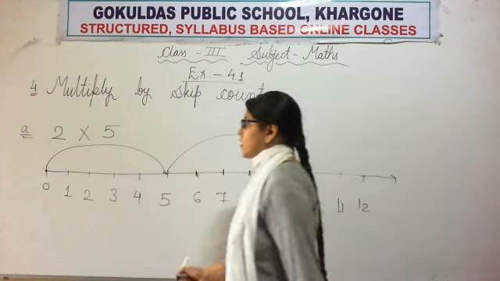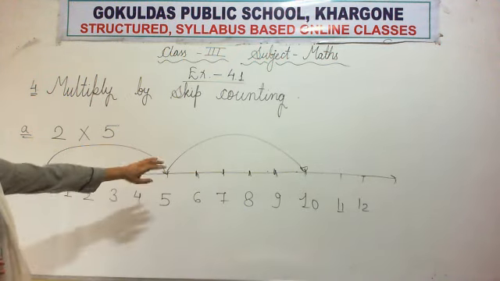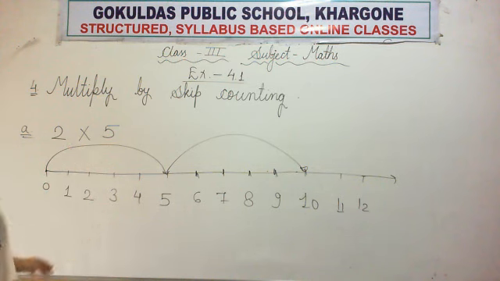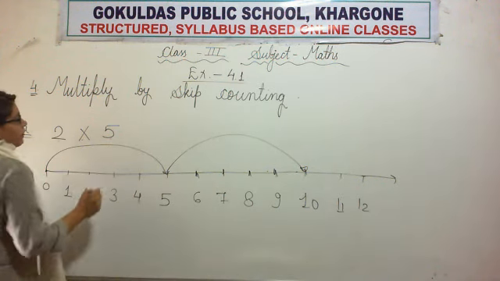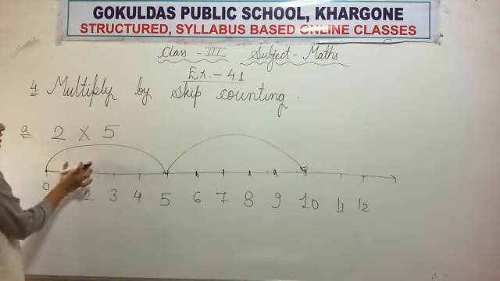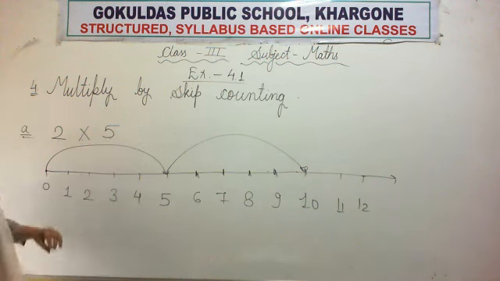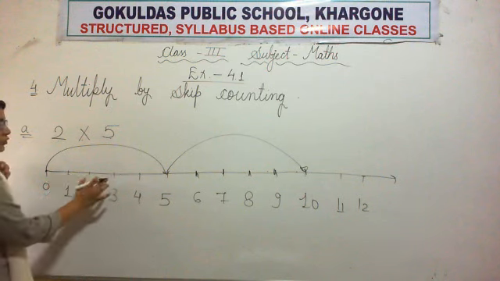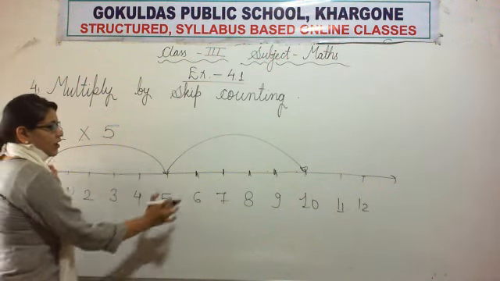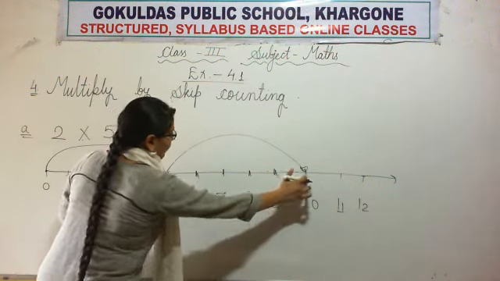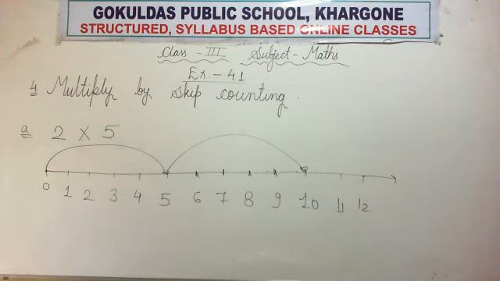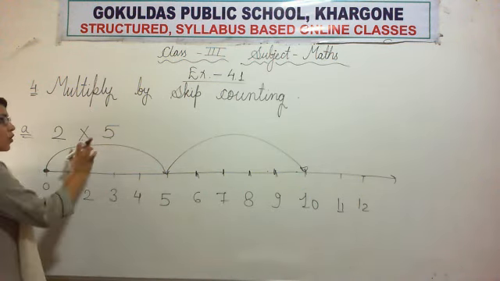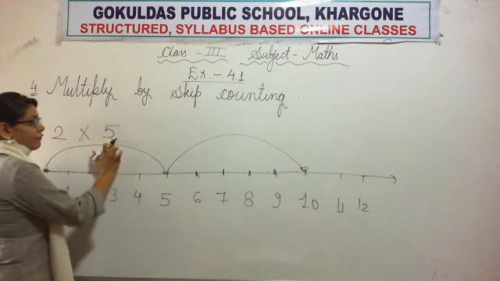Okay. So students, this question will remain in the book only. So draw this in the book only. 2 times 5. It means we will skip 5, two times. So first we skip 1, 2, 3, 4, 5. Then 1, 2, 3, 4, 5. Okay students, so we started from 0. We need to skip 5 two times.